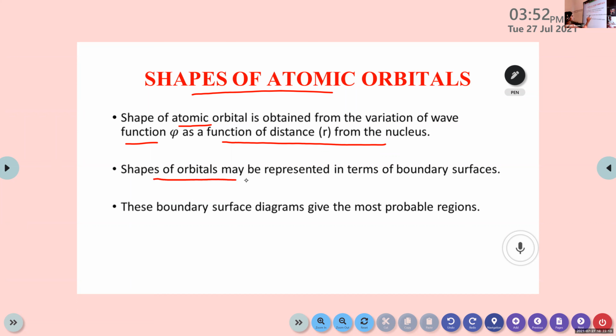Then the shapes of orbitals may be represented in terms of boundary surfaces. I will show you the boundary surface diagram of each orbital. These boundary surface diagrams give the most probable regions, the regions in which we can see the electrons.